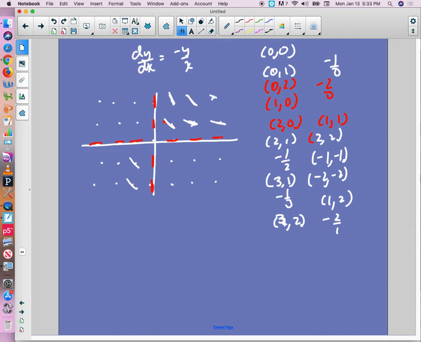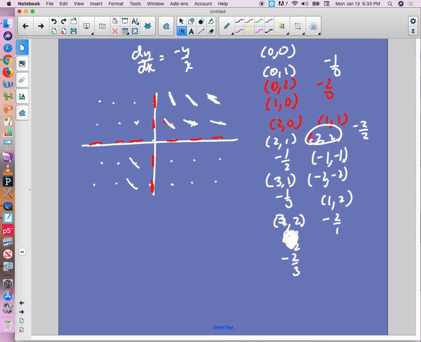I get negative 2 over 3, sorry, I knew something was wrong there. Negative 2/3 is why I say write them down. I was trying to do it in my head even though I wrote it down. So negative 2/3 is just a little bit more horizontal than negative 1, hard to draw.